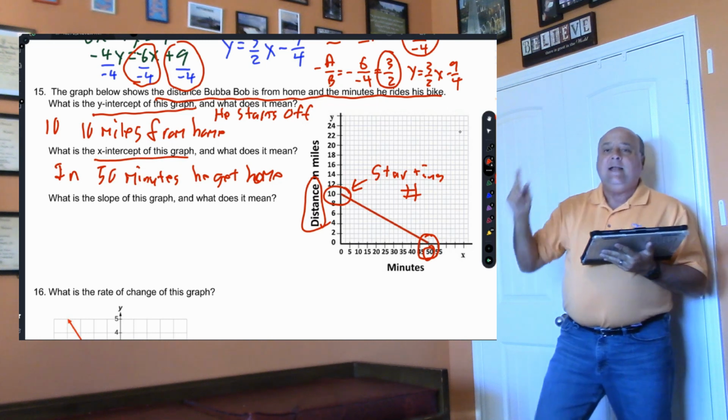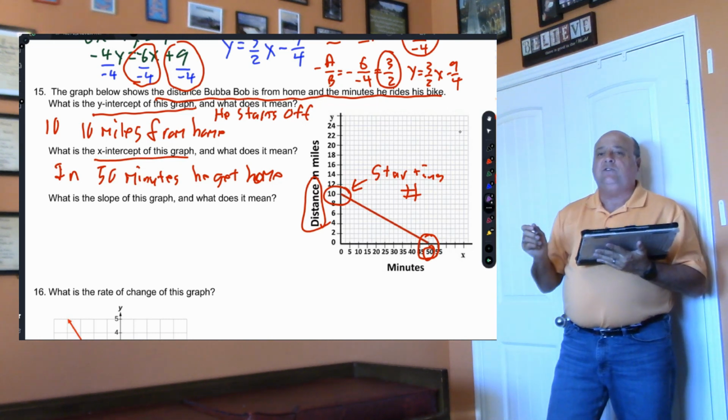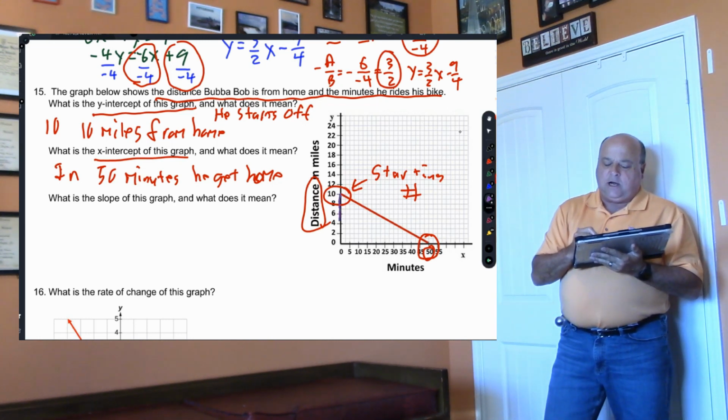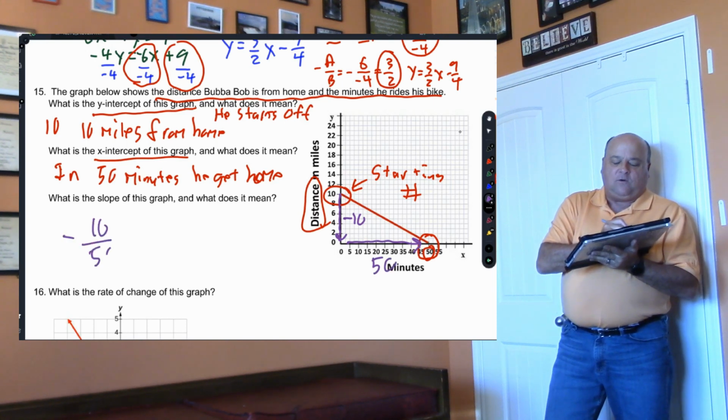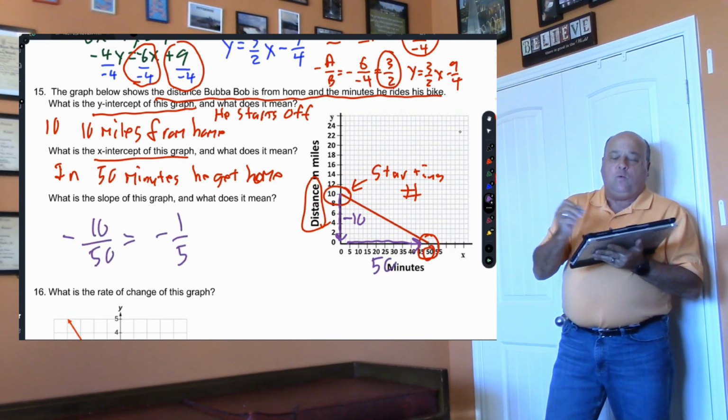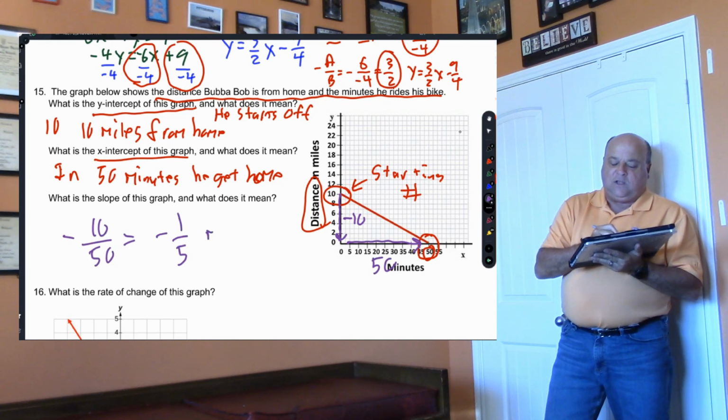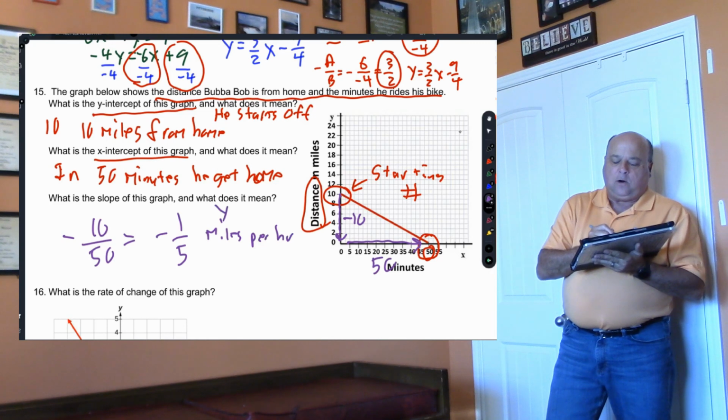He gets home. Now then, let's extend this and get the slope. Remember the slope triangle. We're going to go down and we're going to go over. So we went down 10 and we went over 50. So our slope is negative 10 over 50, and that's going to be negative 1/5, and it's negative 1/5 mile per hour, or y per x, right?